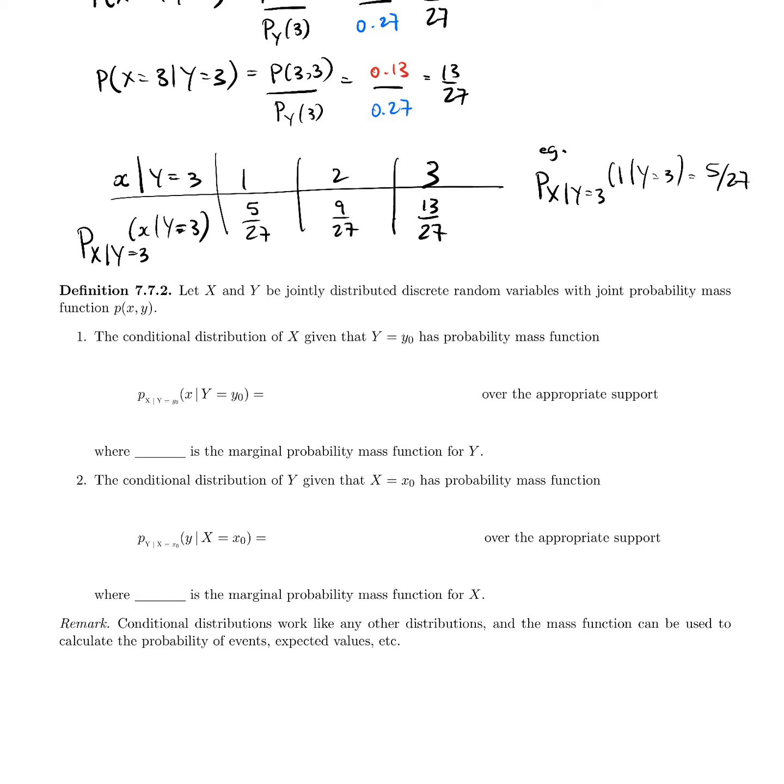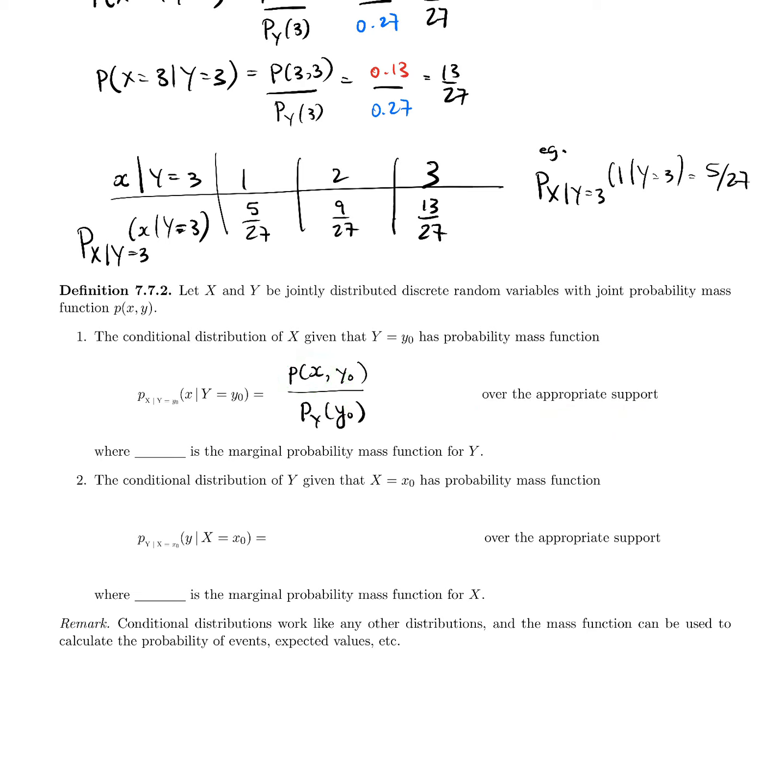And so this is the probability mass function, p of x, and y is always this constant y0, and the marginal down below, p sub y of y0. And so if these are constants, this is a function of x. And this is over the appropriate support.